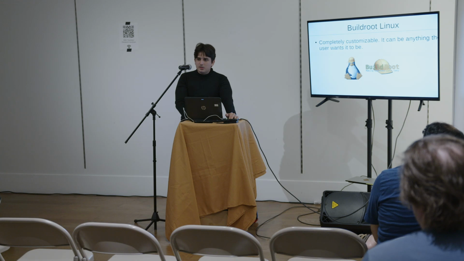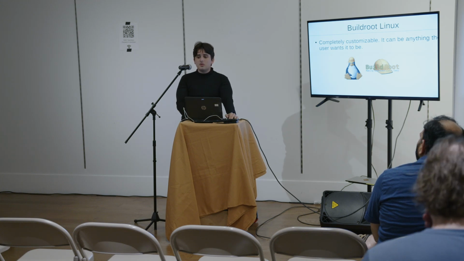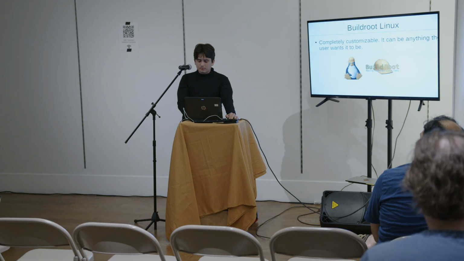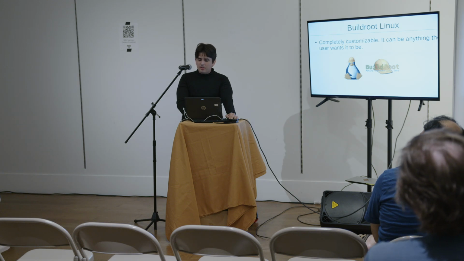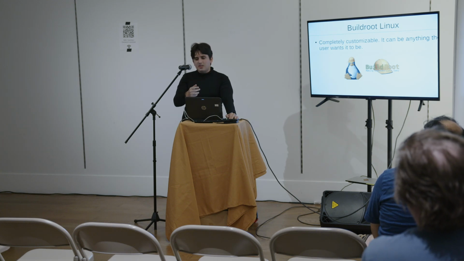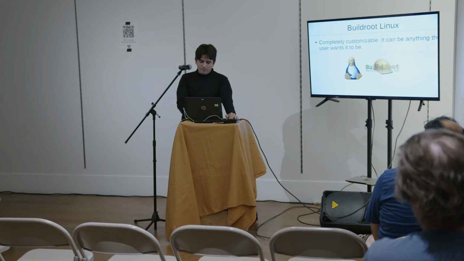And by using Buildroot, we wanted to use it because it's not really a Linux distribution like Ubuntu or Debian. Buildroot is more like a tool to build Linux distributions with everything you need. So you can pretty much tailor-make your own image to your exact requirements.